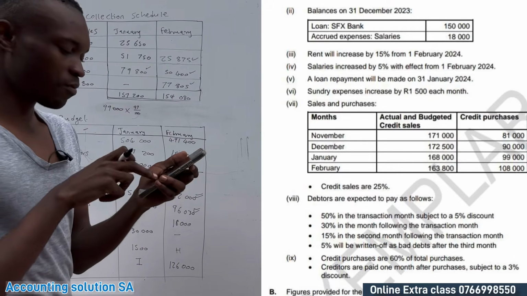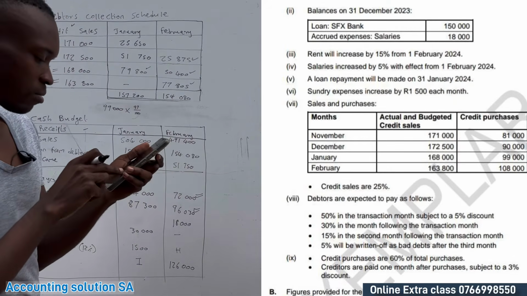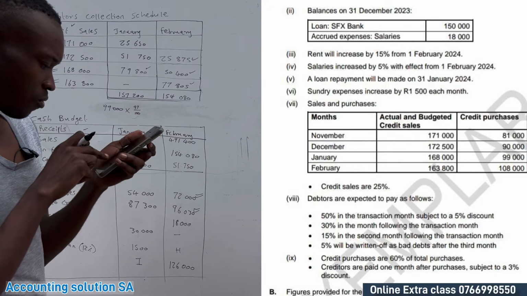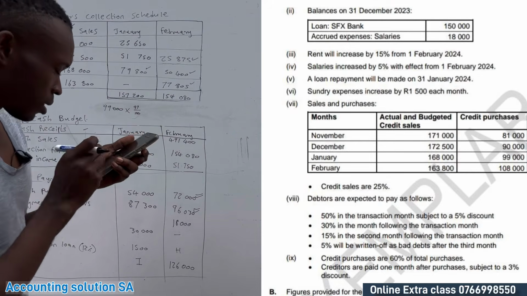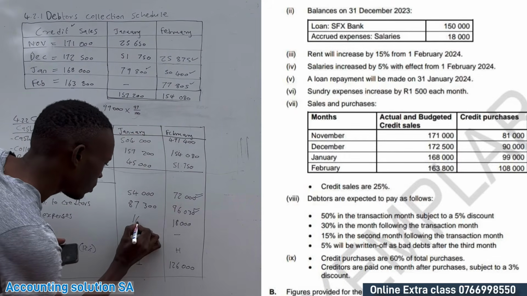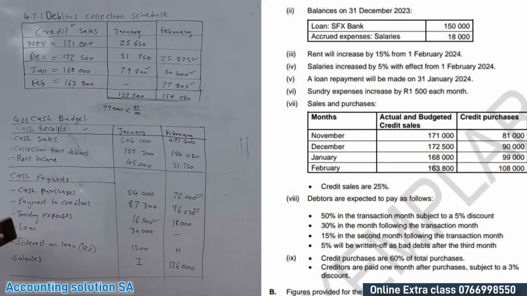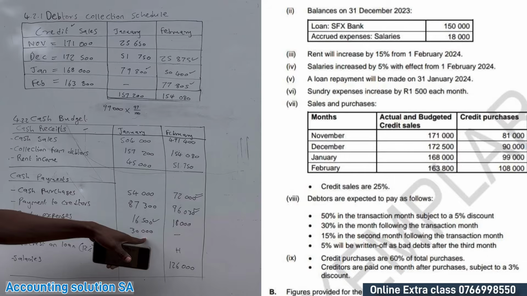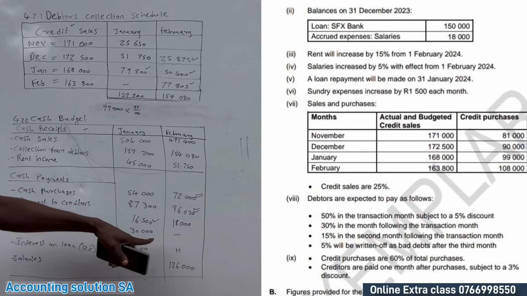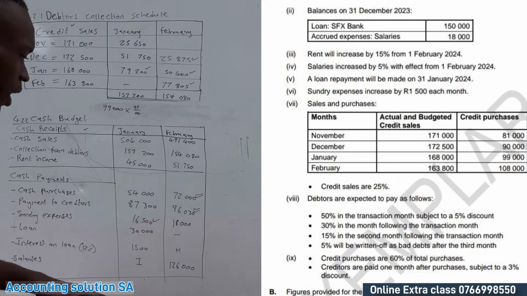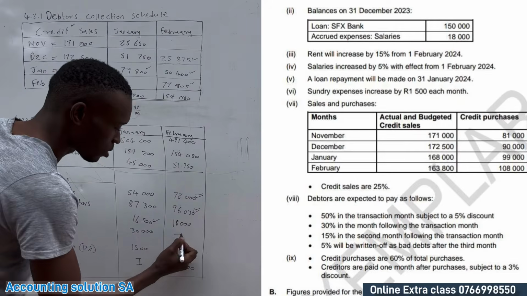We are doing a reverse because they are looking for previous month. So if you do that, you are going to get 16,500, just like that. Then we have a loan. They make a repayment of loan of 30,000 in January. February they didn't do any repayment and nothing was required here.